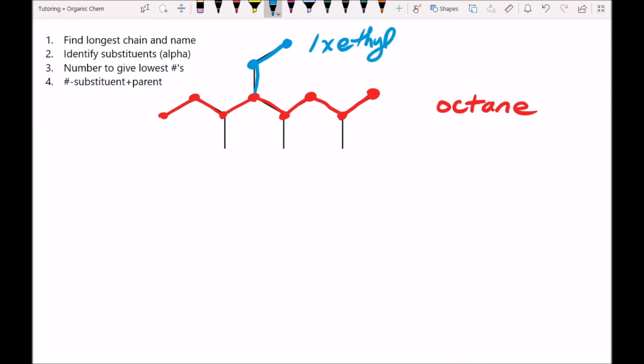We don't need a Greek prefix there because there's just one. If we have more than one, we do need a prefix. On the lower side, we have 3 1-carbon substituents, or alkyl groups, and those are methyl groups. And 3 methyl groups, we call that trimethyl.